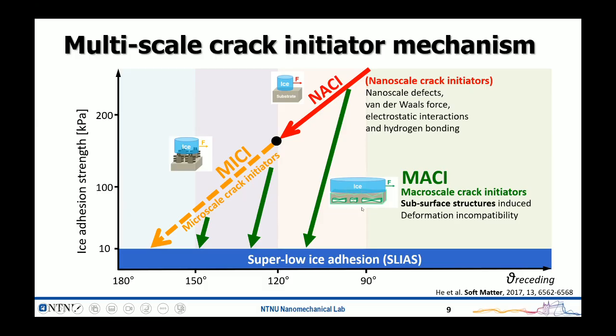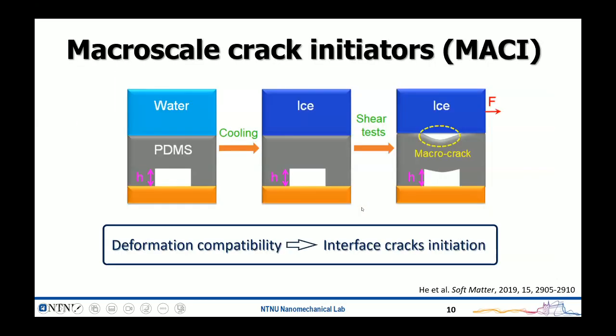Then we maximize the deformation incompatibility between our surface and the ice cube, and then we can reduce the ice adhesion. And at the same time, since we leave this interface free, this MASI can be easily incorporated with NASI and MISI.